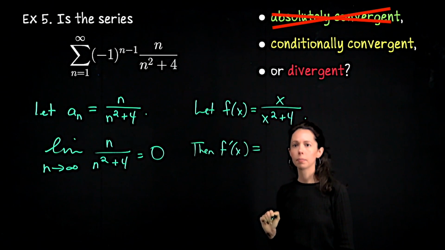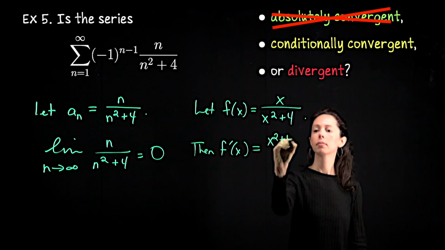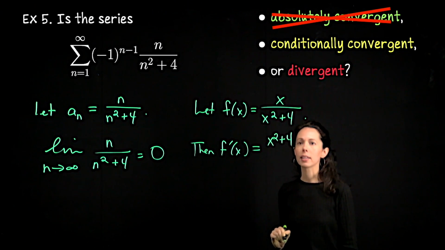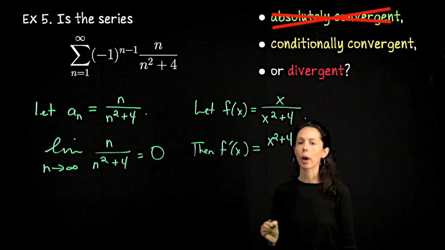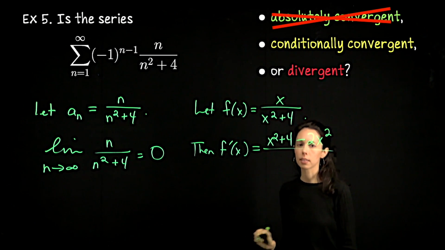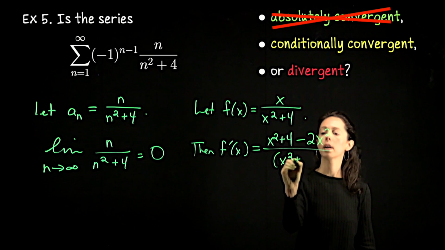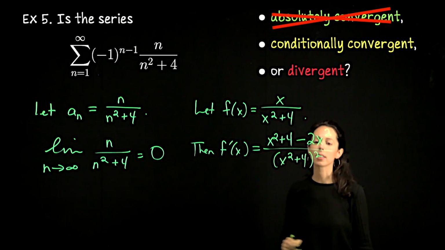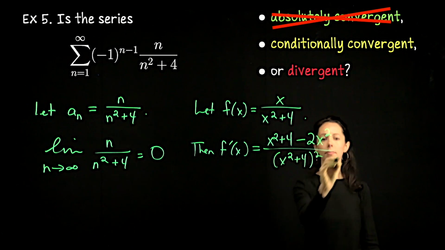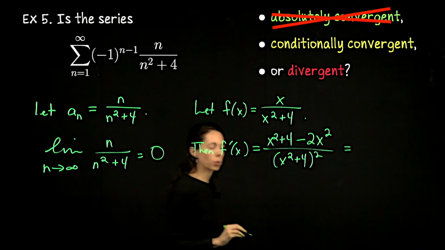Low d high is x squared plus 4 times 1, minus high d low is minus x times 2x. Don't need to worry about the denominator, the quantity x squared plus 4 squared. That's always positive. Simplifying the numerator, we get 4 minus x squared.